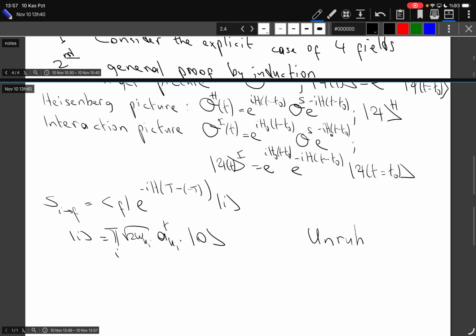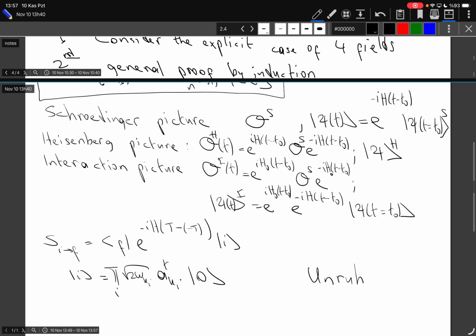Okay, let's continue. Basically, what Unruh proved is that if you are in an accelerated frame, the vacuum is a heat bath. So it's a non-trivial environment with finite temperature.